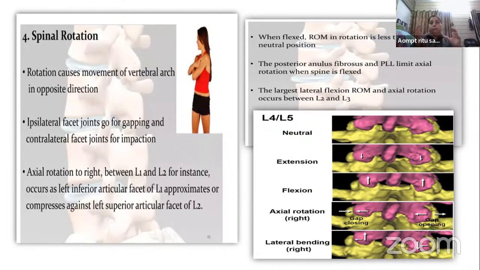So we see how the facet joints come into compression or stretch according to contralateral as well as ipsilateral lateral flexion. In spinal rotation itself, the ipsilateral facet joints go for gapping and the contralateral side is in impaction. This is how we understand extension, flexion, lateral flexion and spinal rotation, the major parts of lumbar spine movement.